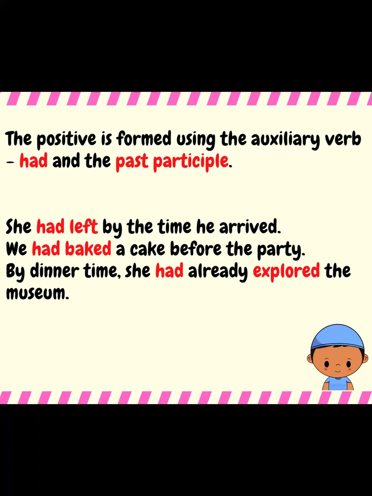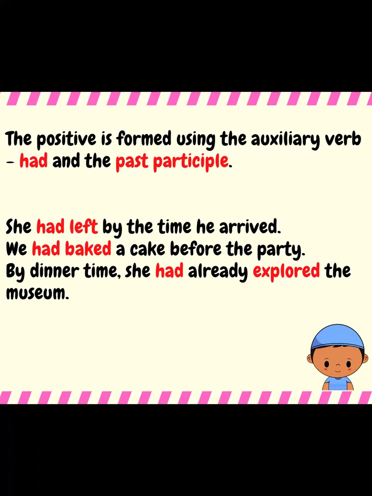So it sequences the events. And then this one, it is round the other way. We've got by dinner time. So this is the time. She had already explored the museum. So she had already done it before it was dinner time. So again, it is sequencing the events within the sentence.